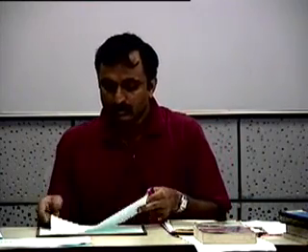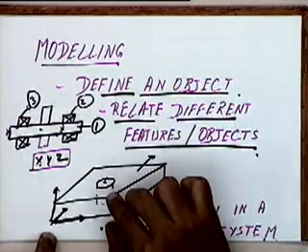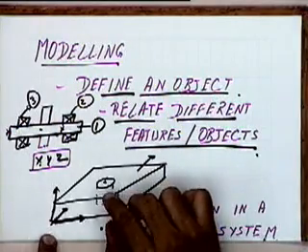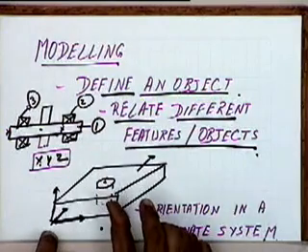And then once a model has been made, in any design situation, the model will never be static, meaning that the model will change from time to time. I have made this model, but then I find the thickness of this plate is too small. So now I want to increase the thickness. So I want to go and make a change.